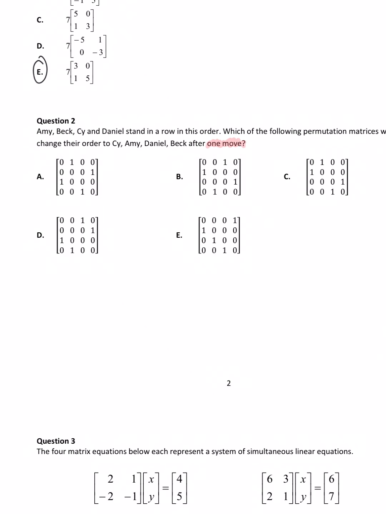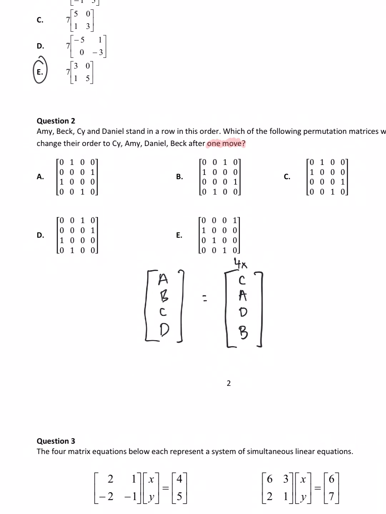So I'll put our original members in: Amy, Beck, Kai, and Daniel. What we want it to become is Kai, Amy, Daniel, and Beck. We've got to multiply by one of the permutation matrices, A, B, C, D, E, and make sure we do it in the right order.